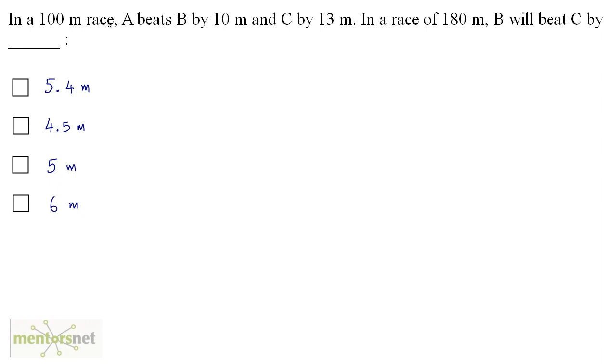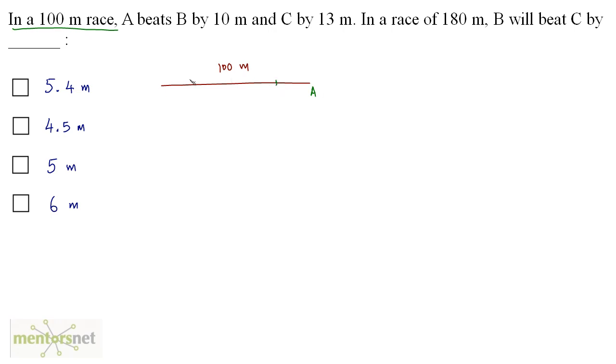In a 100 meters race, A beats B by 10 meters and C by 13 meters. In a race of 180 meters, B will beat C by how much distance? In the first case, that is the 100-meter race, A beats B by 10 meters. So A is here, B is 10 meters behind.